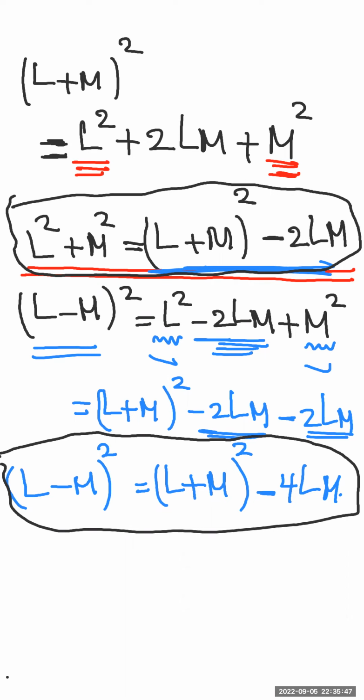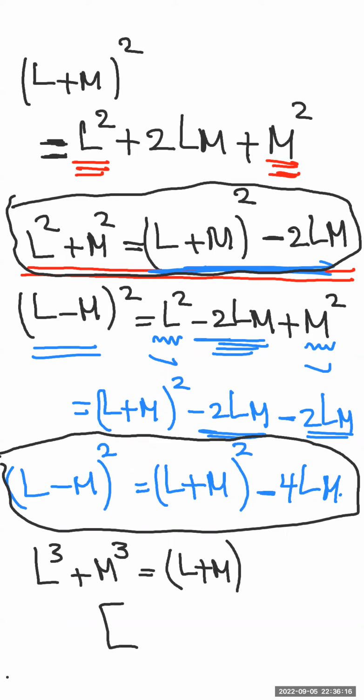This one is very simple, of course. L power 3 plus M power 3 will equal L plus M times the second bracket, which will be the first term squared, L plus M all to the power 2, then minus 3LM.